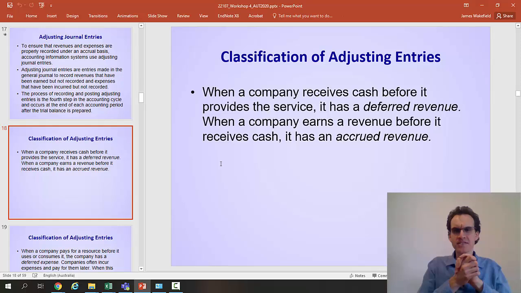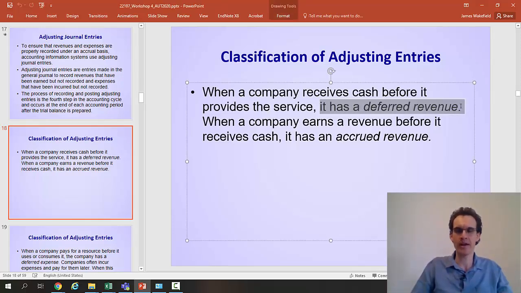The first set of adjusting entries that I'm going to discuss relates to when a company receives cash before it provides the service, or when a company earns revenue before it receives the cash. So let's start with the company that is receiving cash before it provides the service. This is referred to as deferred revenue.